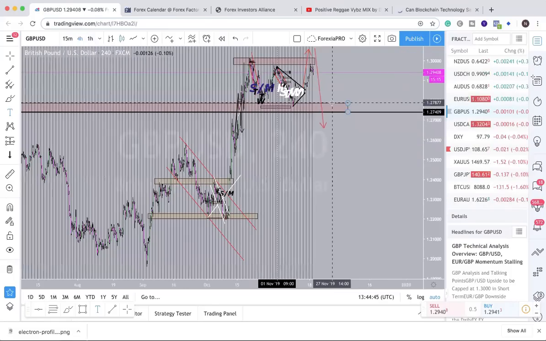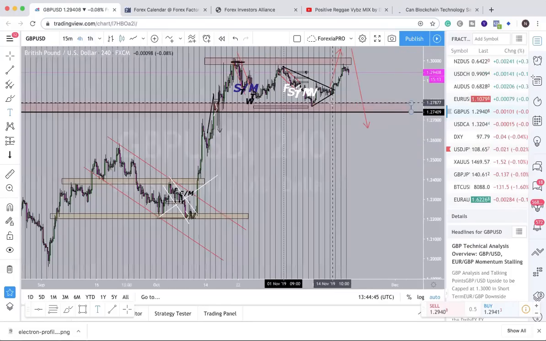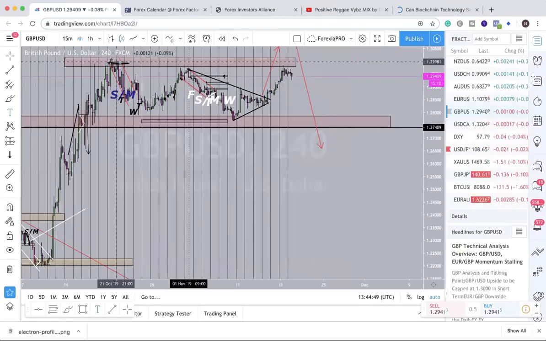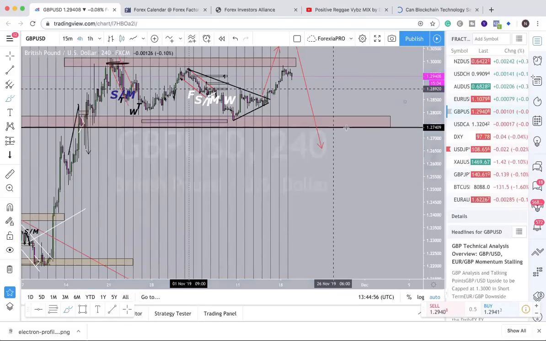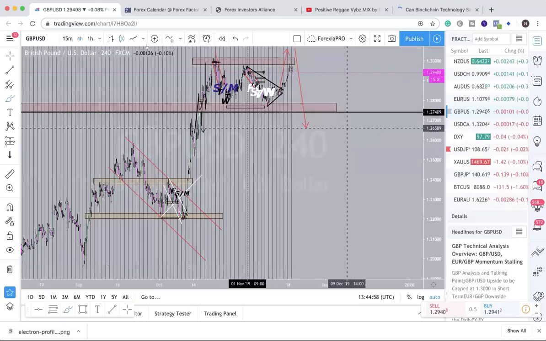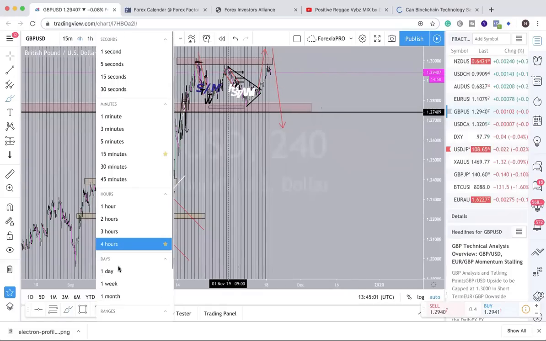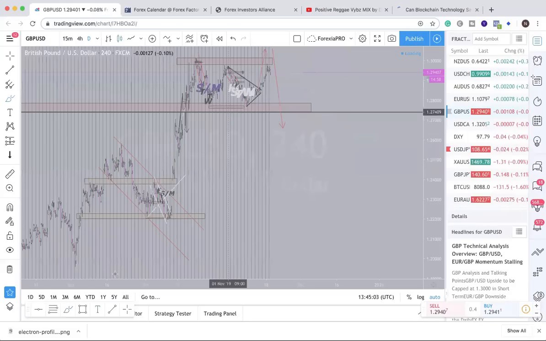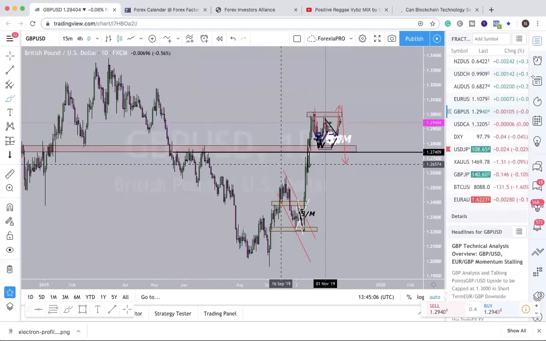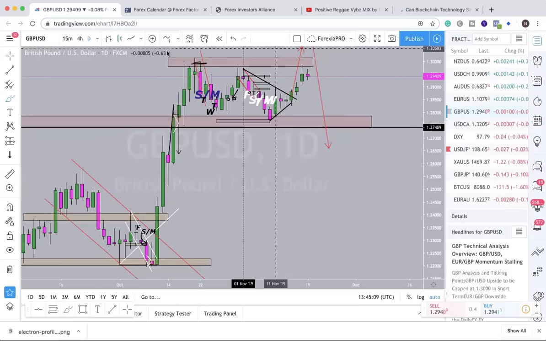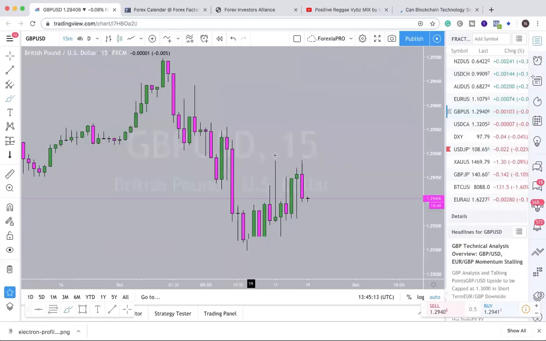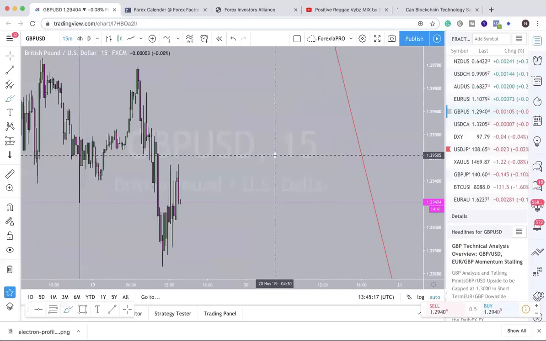You can see on a larger time frame, it would be a very fat, big, large M if it did reverse, but I don't see any confirmation as of yet, as of how price is reacting right now.